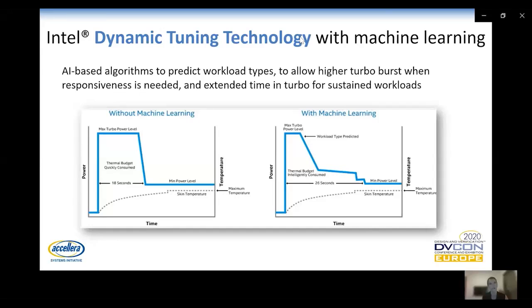User experience meaning that the performance will be as high as possible, but at the same time without impacting our power and battery. So this is an example of how we can use machine learning to predict what is going to happen in the next few seconds in our computer, and based on that, adjust accordingly so the user will get the maximum performance.